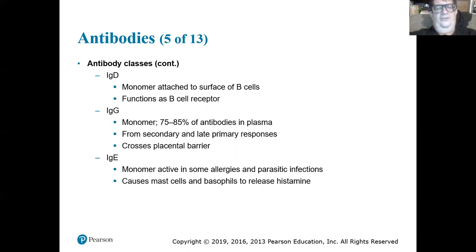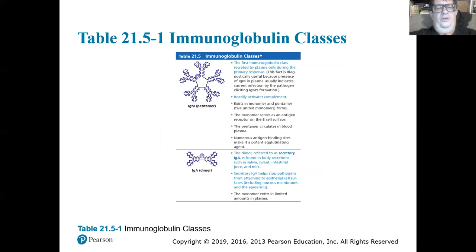So what we're saying is, when a memory B cell becomes another memory B cell and a plasma cell, the plasma cell is going to start out making these big 5-prong, this pentamer, this IgM, and the massive one.